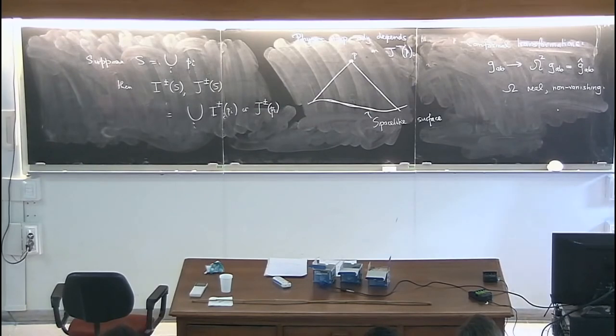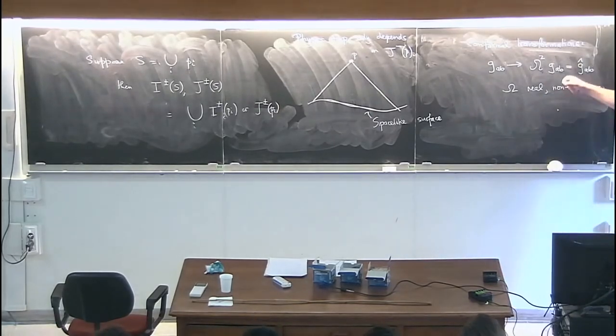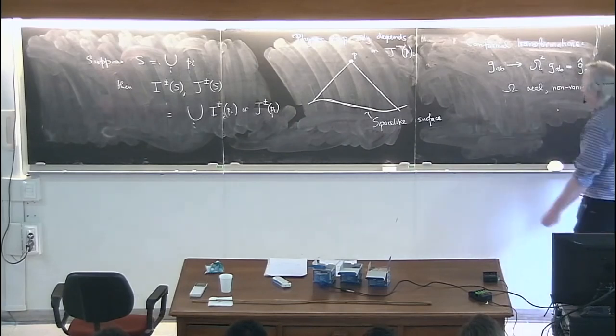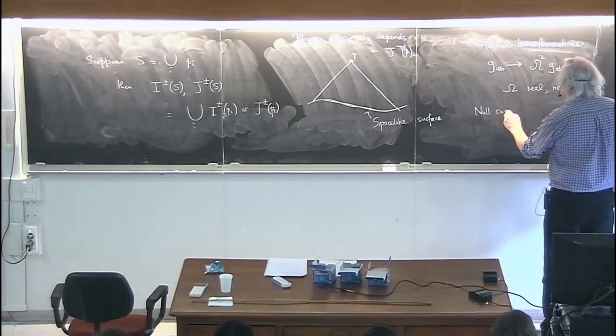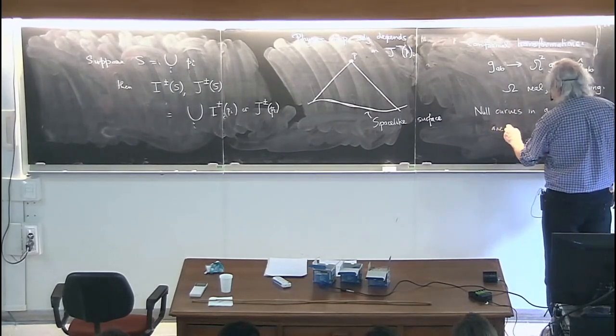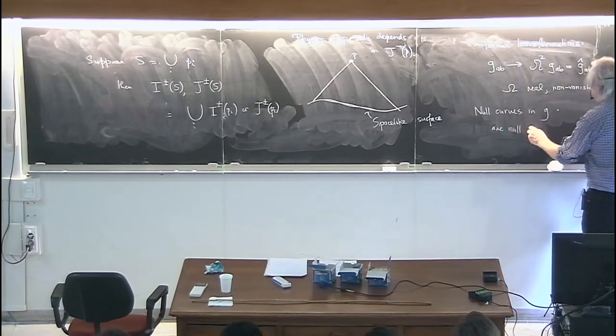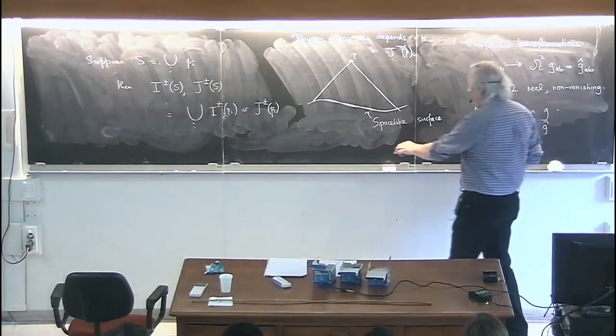Under a conformal transformation, whatever is null in the metric g is going to be null in the metric g hat. So this conformal transformation preserves the light cone structure of the space-time.